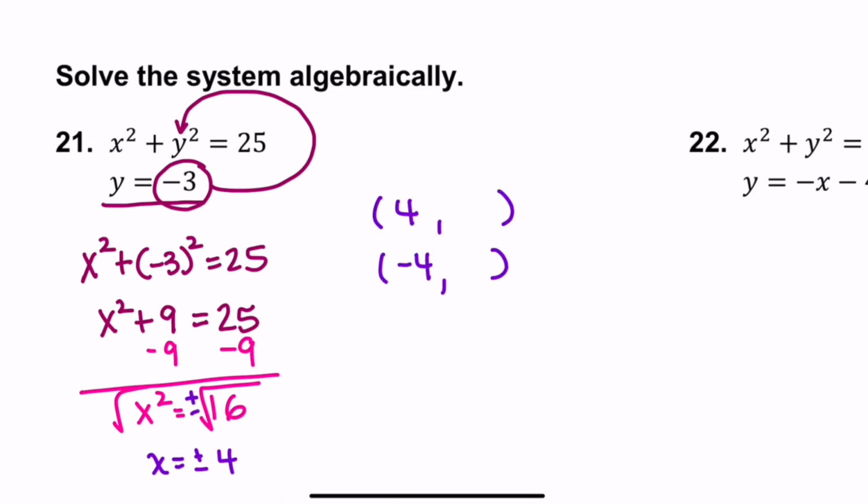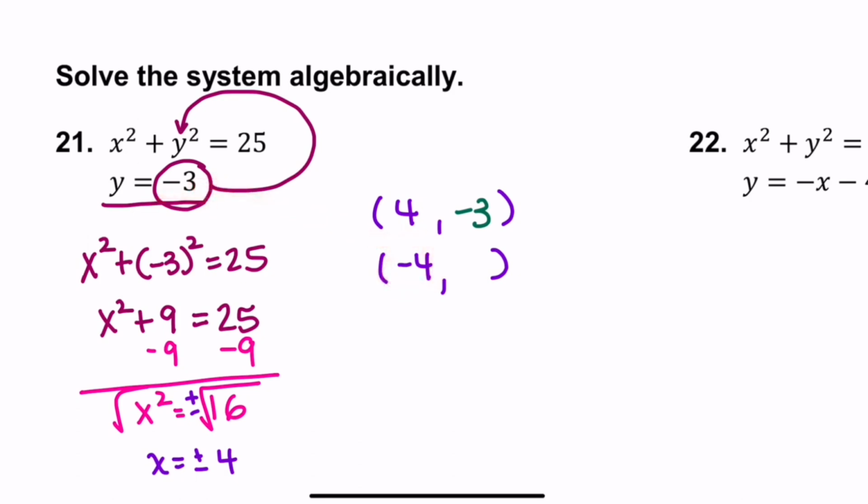Now you can take that 4 and plug it into the first equation or the second equation. But I always like to look and see which one is easier to solve for. If I take my 4 and I plug it in this one, y will always equal a negative 3. And the same thing happens when we put a negative 4 into the second equation.